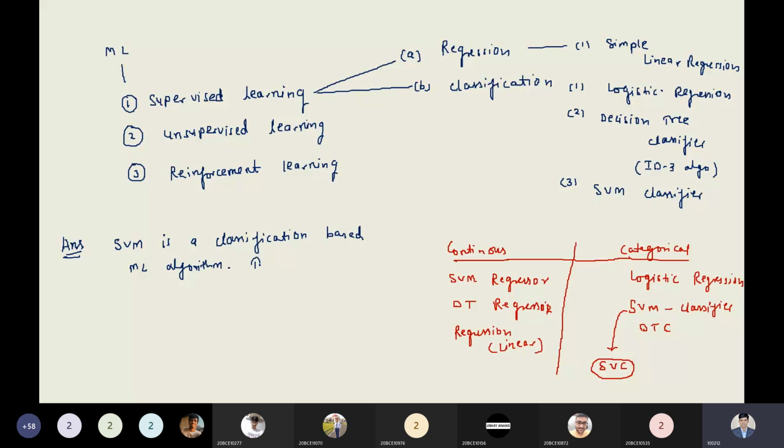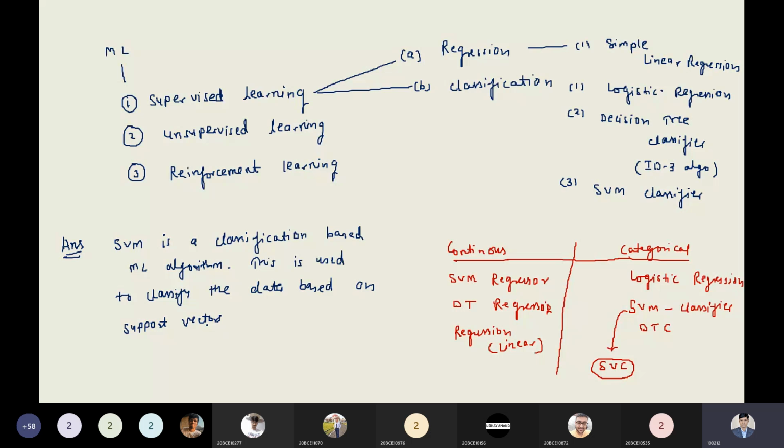It is used to classify the data based on support vectors.